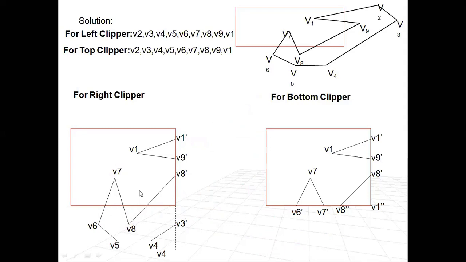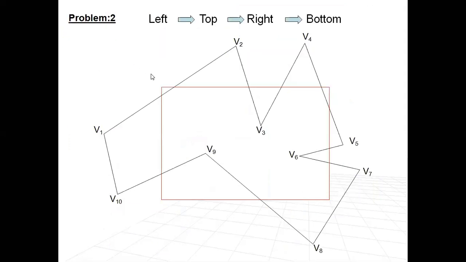Okay, so I have shown you two examples of how to work with the Sutherland Hodgman polygon clipping algorithm. Now I'm giving you a problem to solve in the next slide. You have to apply the same procedures, but do it very neatly and cleanly so that you can understand what rules you have followed.